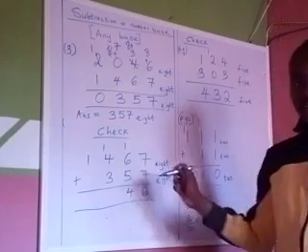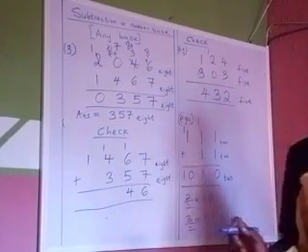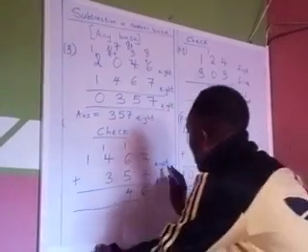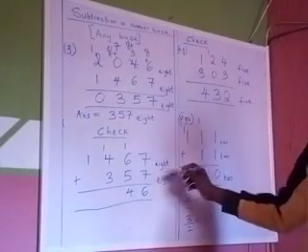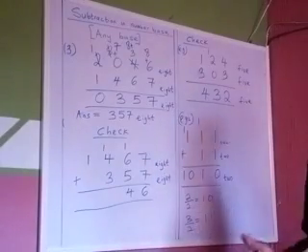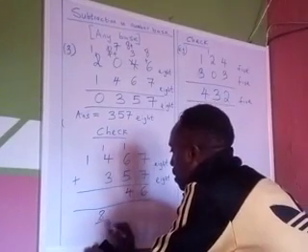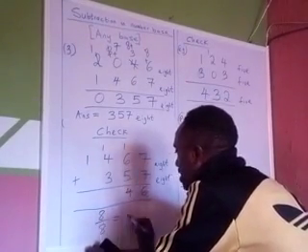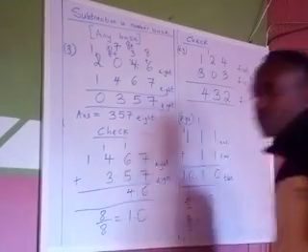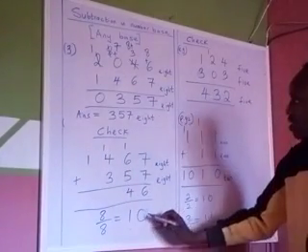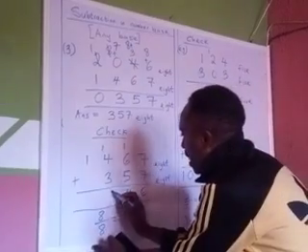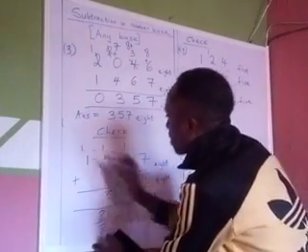1 plus 4, 5 plus 3, that gives us 8. 8 cannot be in base 8. The highest digit we can have in base 8 is what? Is 7. So I'm going to divide this 8 by 8. And that gives us 1 remainder 0. So I'm going to write this 0 and carry this what? 1.